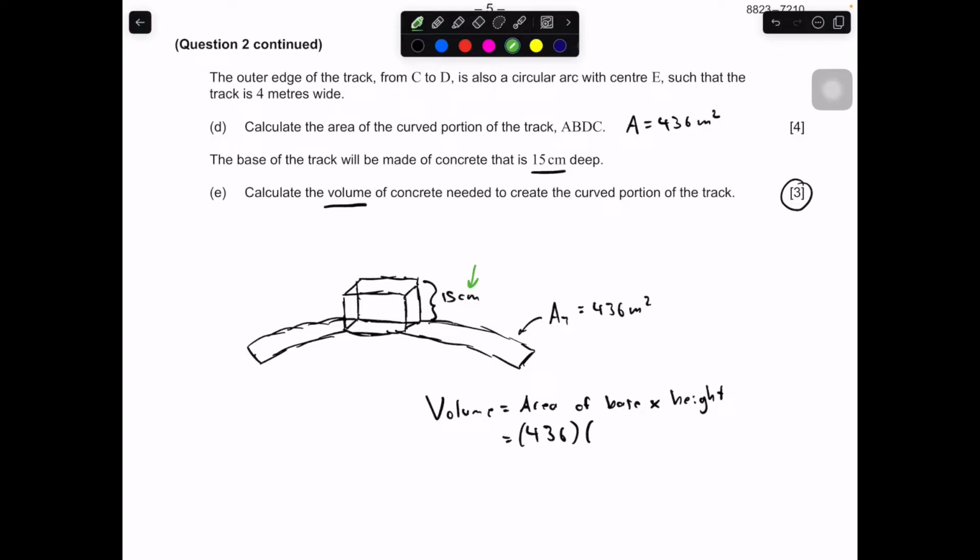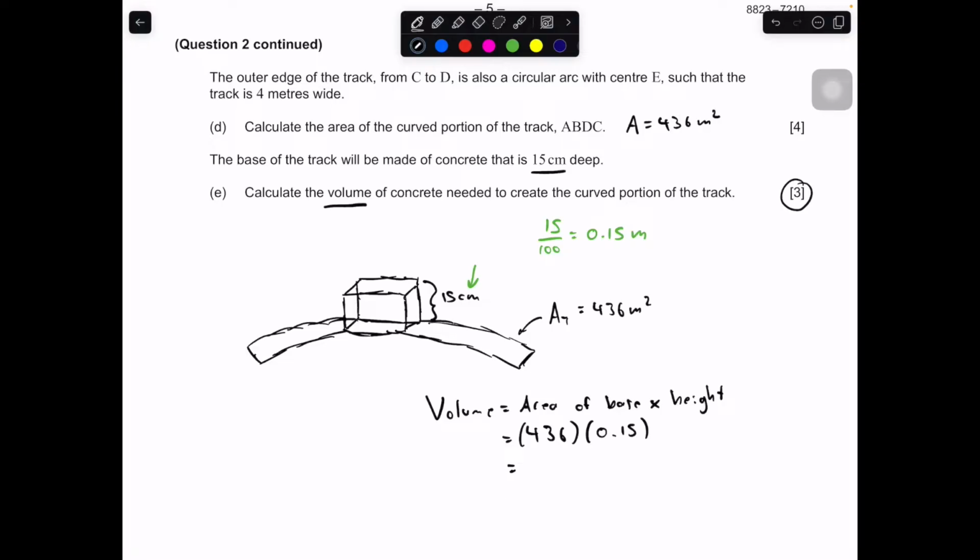So we need to convert our centimeters to meters. We know there's 100 centimeters in a meter, so 15 over 100 means that we only have 0.15 meters. So there we go, 0.15.